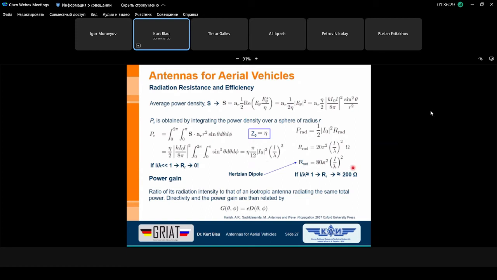And if we increase the length of the dipole, it's only for understanding, the relation should be about 1, means the length of the dipole is no more a Hertzian dipole, it's a full wavelength dipole. And if we insert the values in this formula, then we find out it's about 200 ohm. But it's only a fictive value.